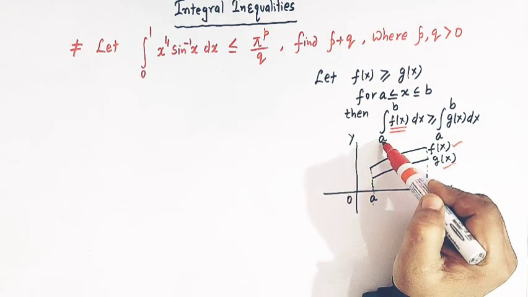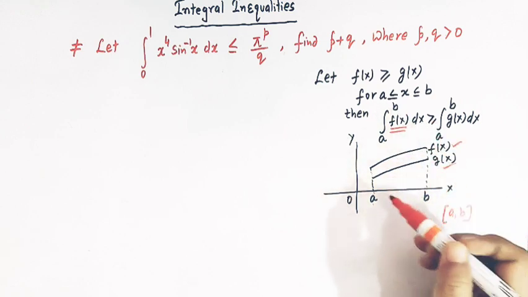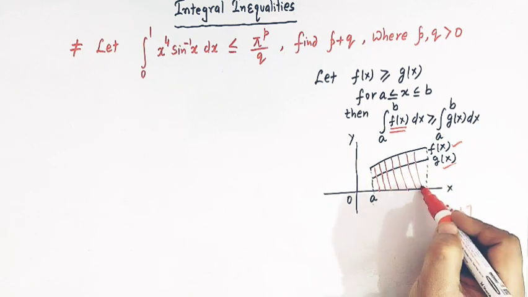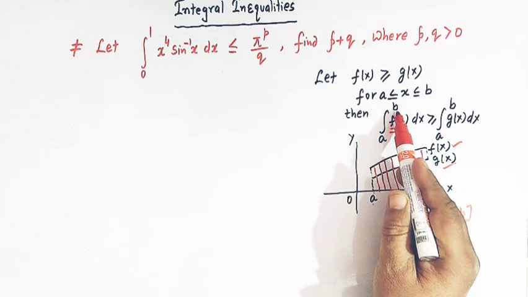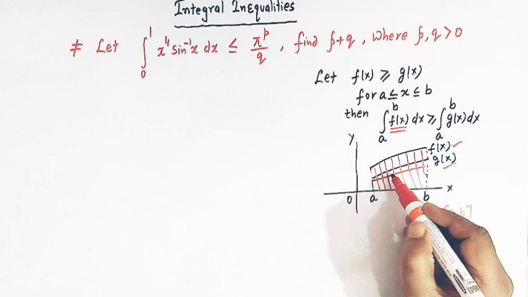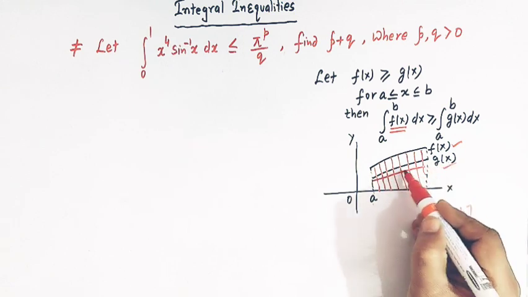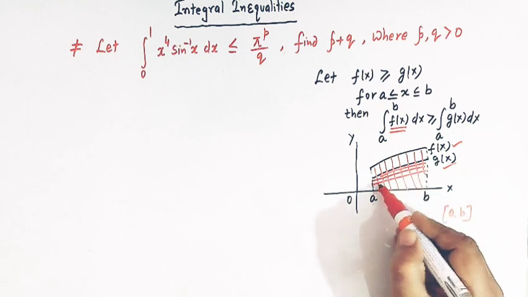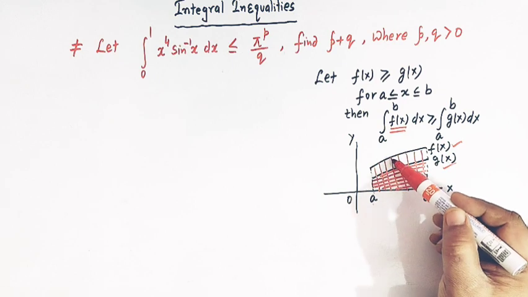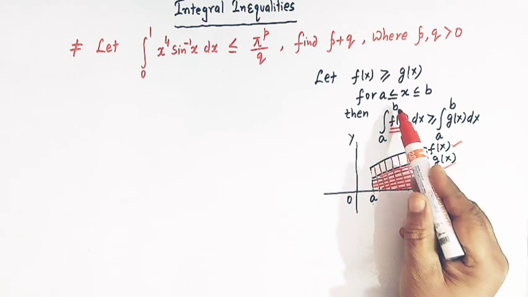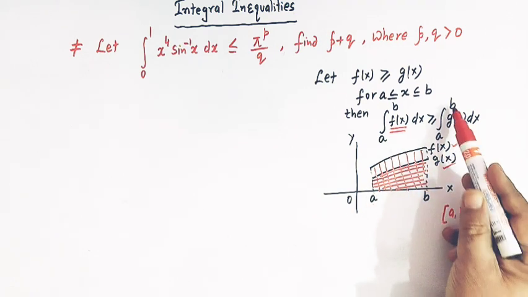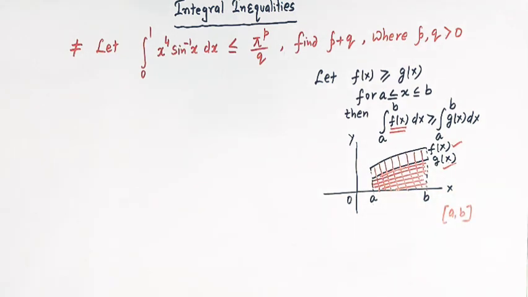So this area is denoted by this integral a to b f of x dx, and this area, which is lying below this curve g of x, is denoted by this integral, right? So obviously the area a to b f of x dx is greater than this area, that is a to b g of x dx.